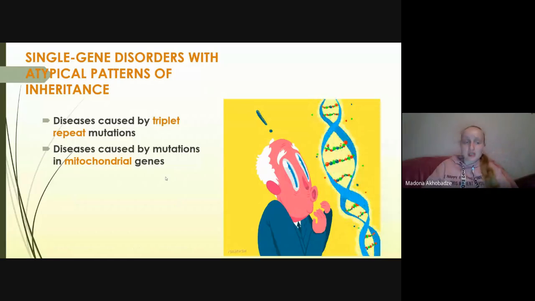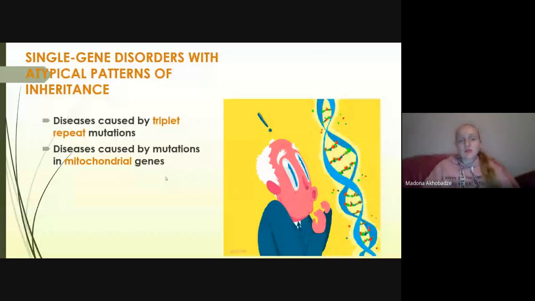Spermatocytes also contain a mitochondrial genome, but it gets deactivated and degraded. Only oocytes can pass their material to the next generation.